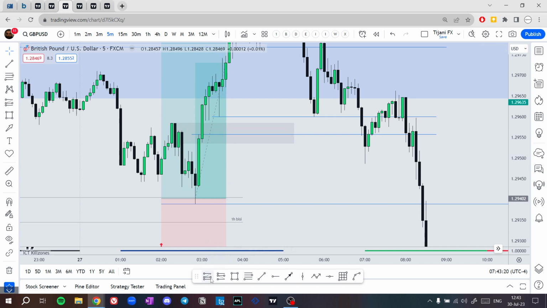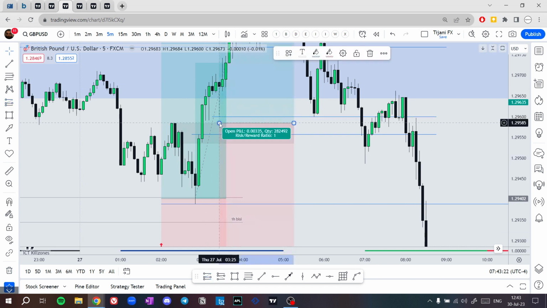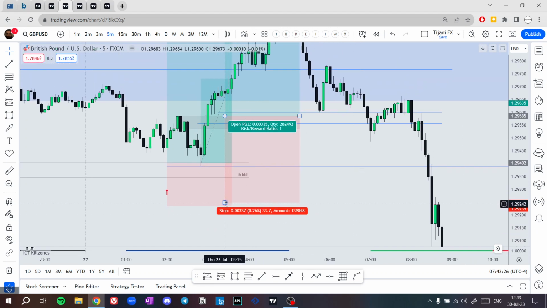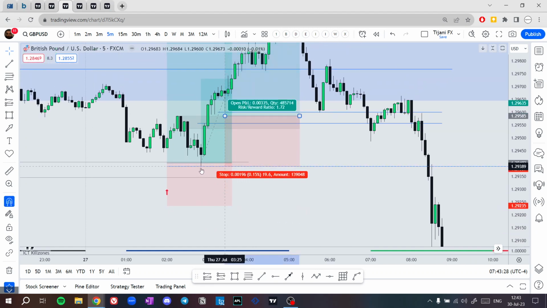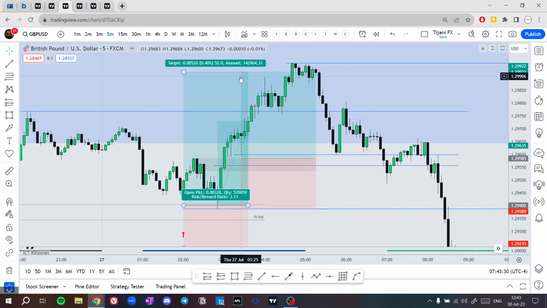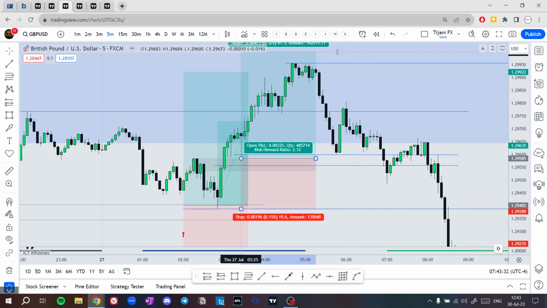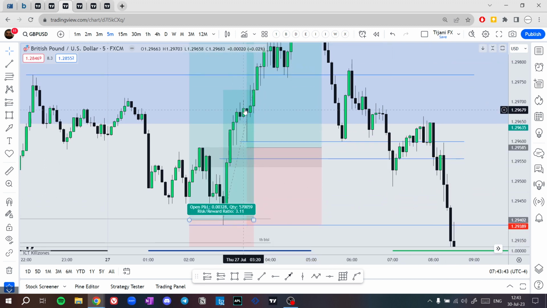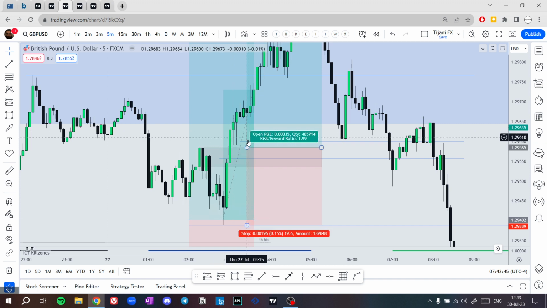This is a good entry for me with the fair value gap overlapping this level, with stop loss below this low, target 1 to 2. Yeah, this is going to be my target 1 to 2, something like this. Good entry there, but as you see, price didn't fill me in.